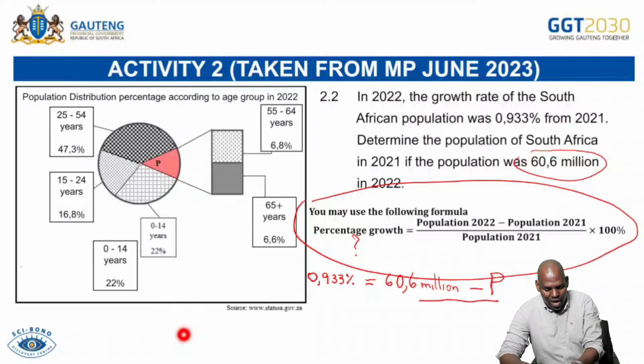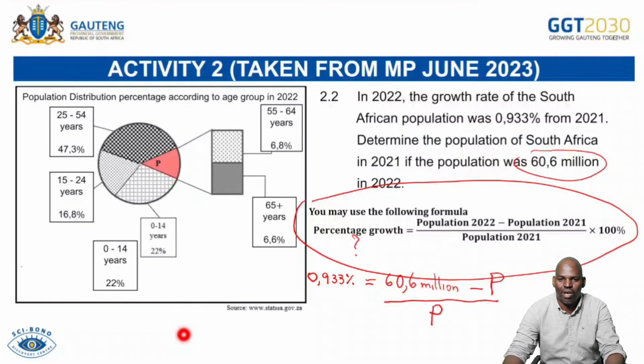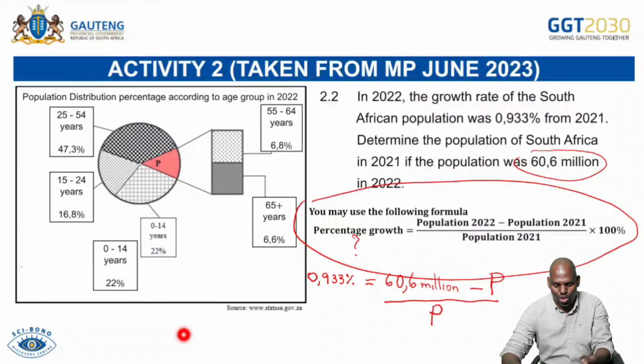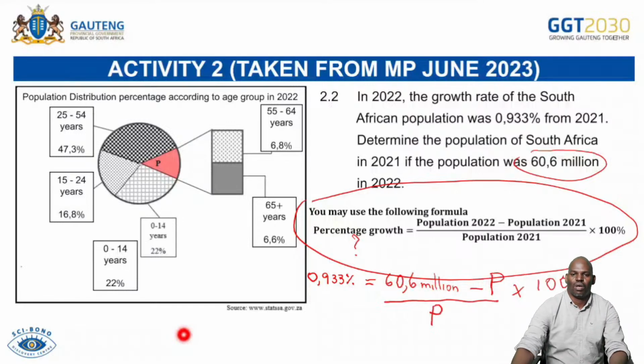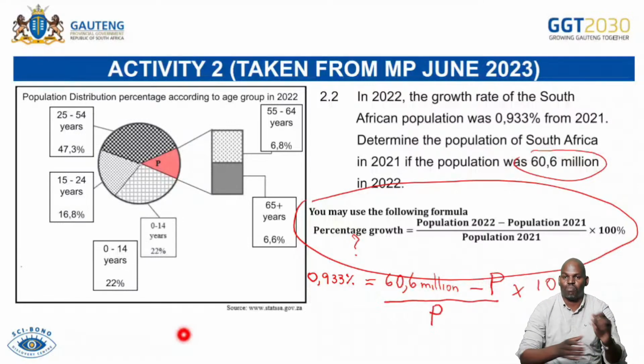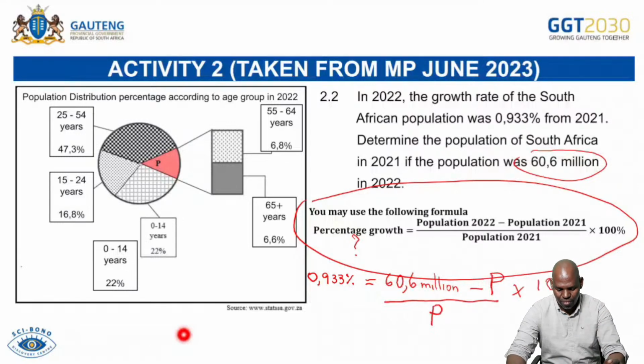Then I say over. Do I know the population in 2021? No, I don't know it, so I can just leave it as P, to represent population in 2021. Then all this multiplied by 100%. And then from this one, what I'm going to do is simplify this.